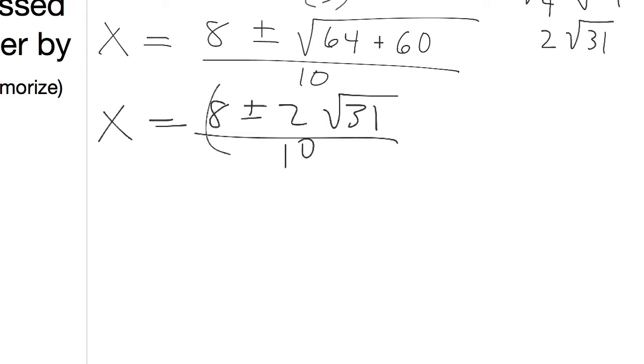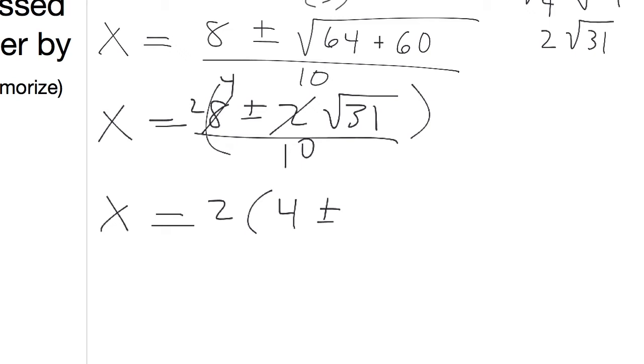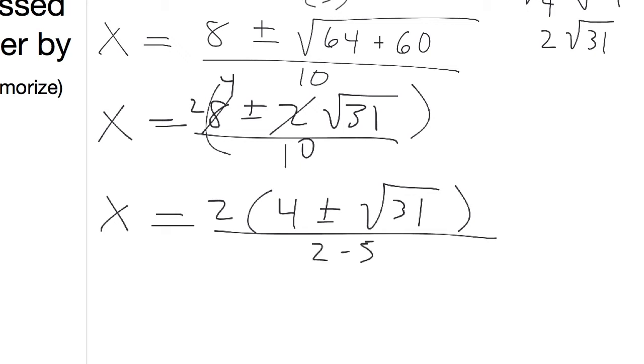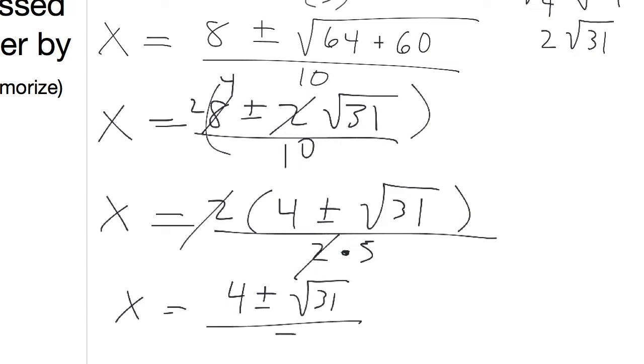I'm going to factor out a 2. So you get x is equal to 2 times 4 plus or minus the square root of 31, all over 2 times 5. So the 2's cancel, and you get x is equal to 4 plus or minus the square root of 31 over 5.